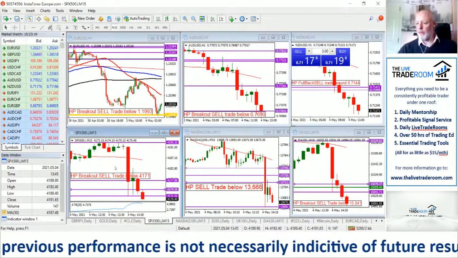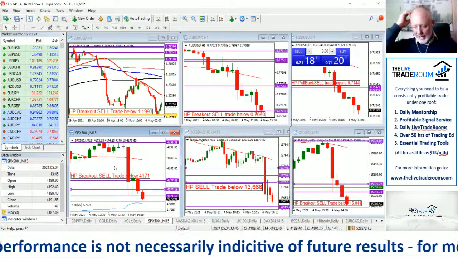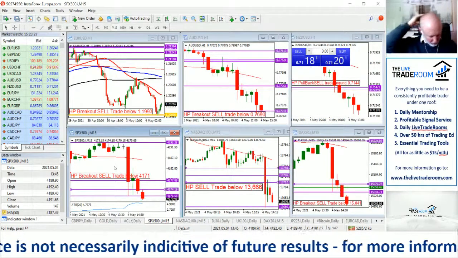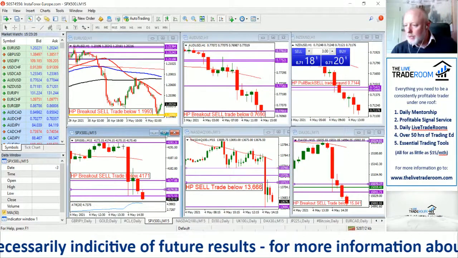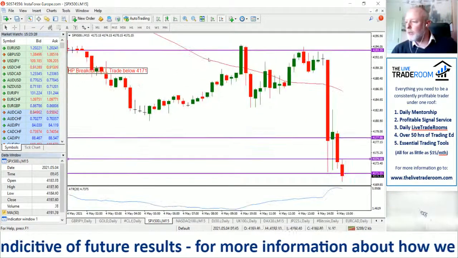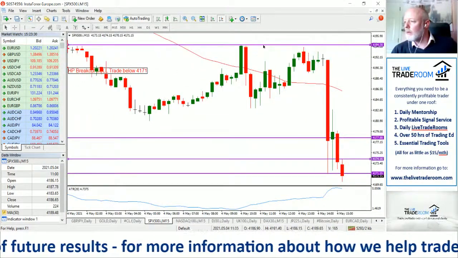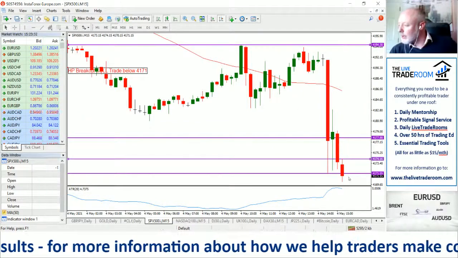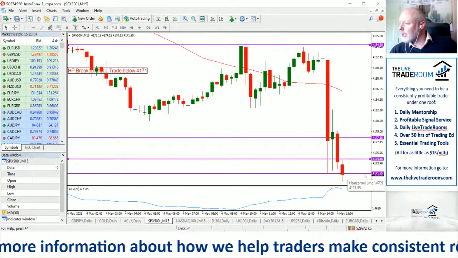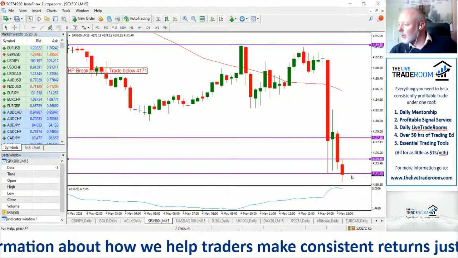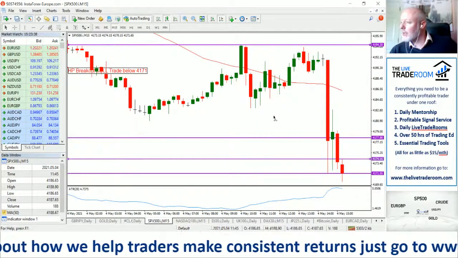So we don't have these issues with the S&P. Let's see what sort of point stop loss we can put on this one. So 41.70 should I say.